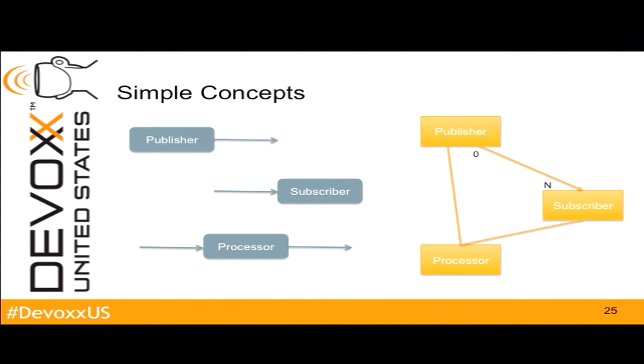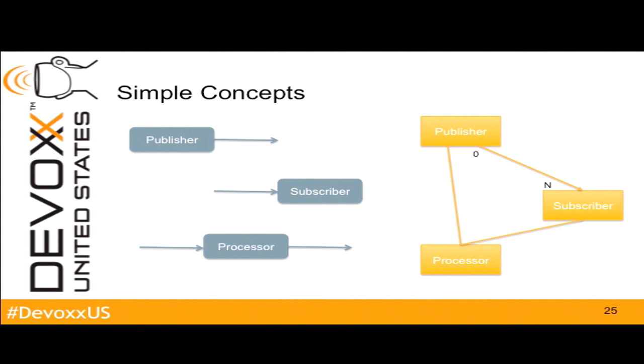So there's basically just three concepts, and these are patterns that we use all the time in computer science. It's just an idea of putting them together more than anything else. The first one is the concept of a publisher. The publisher is something that can produce something, and we'll see that something can be different things. We also have a subscriber, which is the consumer for whatever the publisher produces.